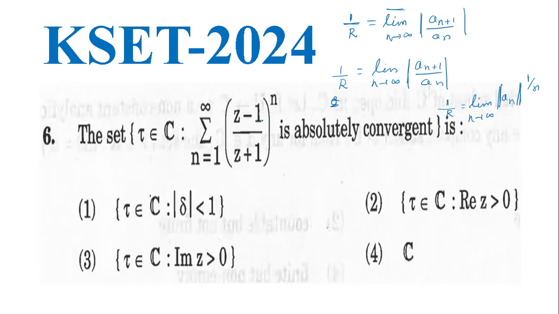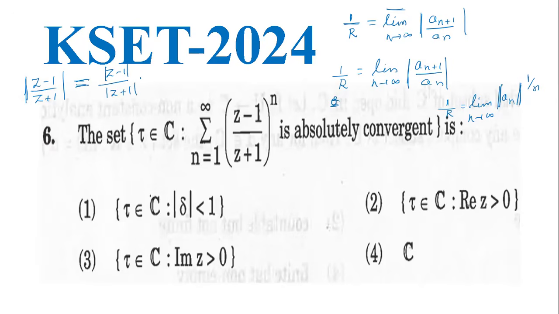If we take a n this and apply this formula, we get modulus of (z minus 1) divided by (z plus 1). We can write this in modulus like this: mod of z minus 1 divided by mod of z plus 1.